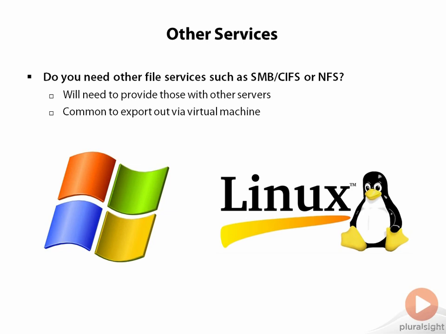So you may spin up a Windows machine and act like a CIFS server, may spin up a Linux machine and act like an NFS server. It works very well. You still get your dedupe and your performance. You're just not managing those file services on the XtremIO cluster itself. You do that from those virtual machines. And you can also do it from a physical machine. It doesn't have to be virtual. You could have a Fiber Channel physical Linux host or Windows host and do the same thing.